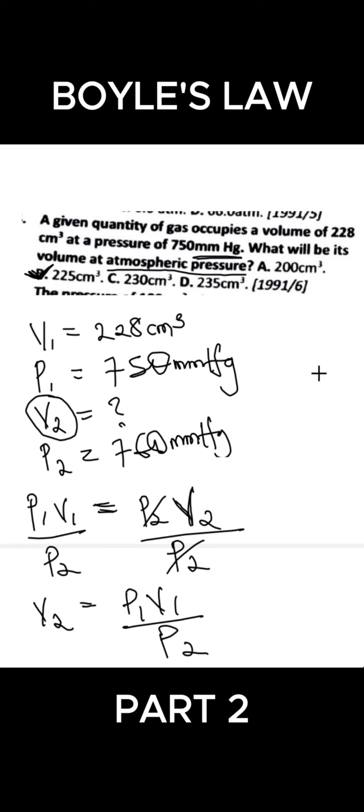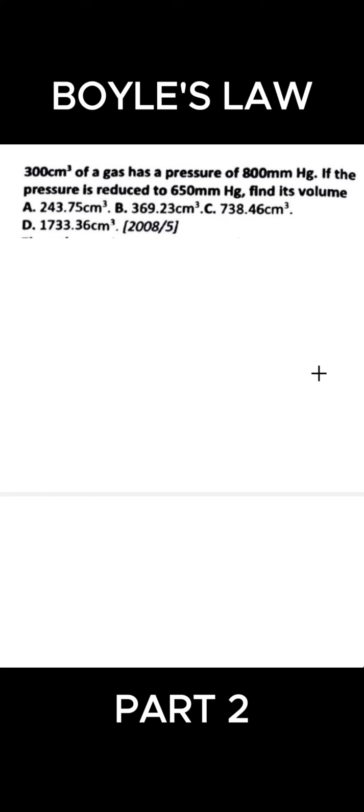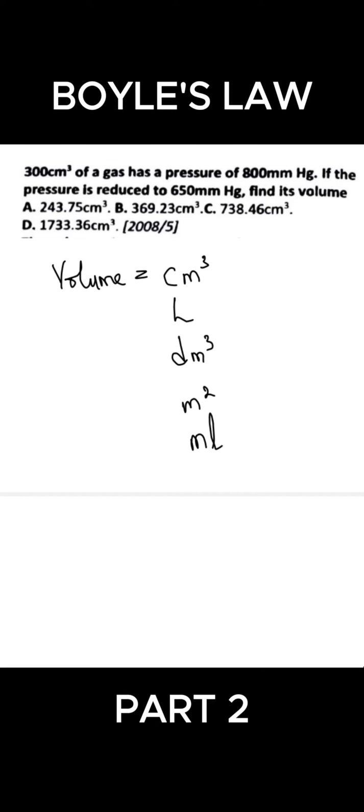We'll go over to the next one. If you are given something like this, according to my previous video, the first thing you do is write out all the parameters. I told you that whenever you see volume, the unit for volume is either cm cube, liter, dm cube, meter cube, or mL.